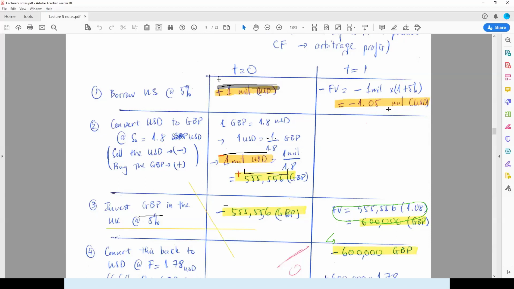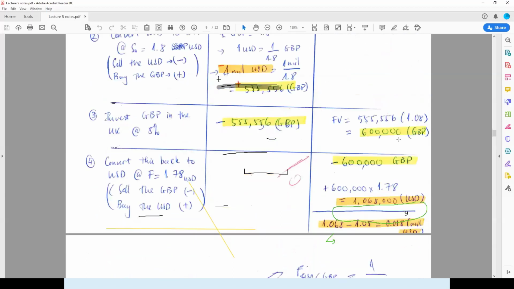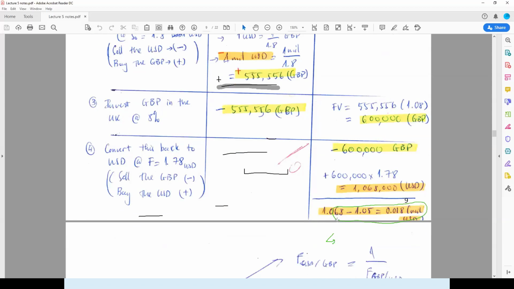So this is how much we need to pay, 1.05 million, for my loan. So as a result, my arbitrage profit would be the difference between this number here and how much I need to pay my lender, okay? So that will be the difference between 1.068 and 1.05, okay? So overall, I have earned about 18,000 USD, okay?